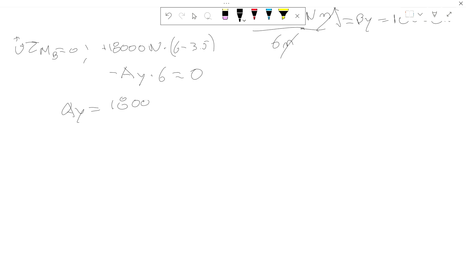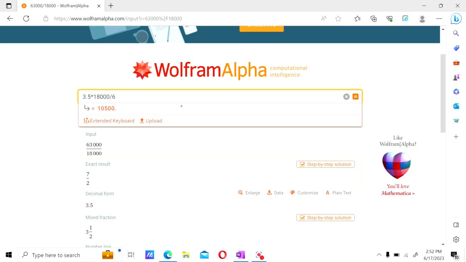Yes, perfect. All right, so now we just have to solve for this guy, which is AY is equal to 18,000 times 6 minus 3.5, which is 2.5. And this is newtons, this is meters, divided by 6 meters. The answer is going to be in newtons.